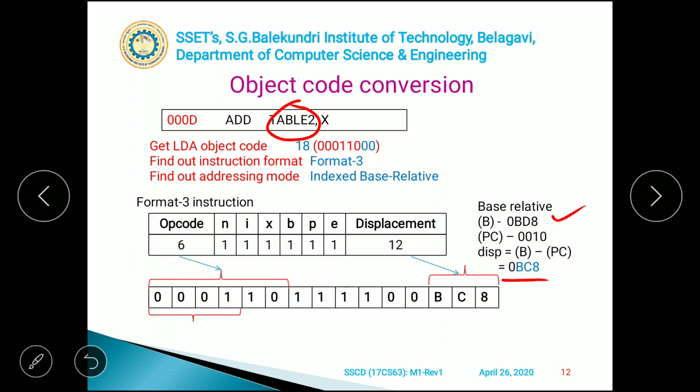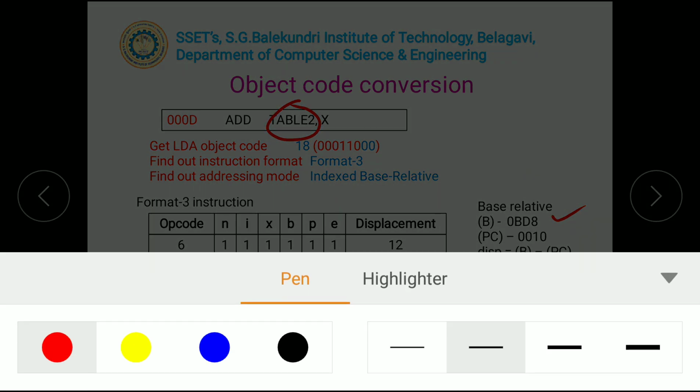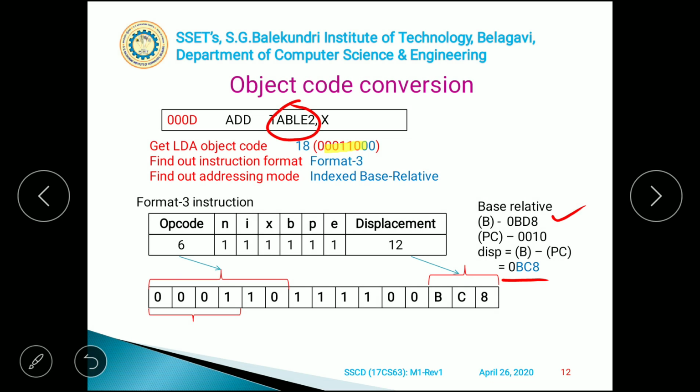Now the first 6 bits are here as usual. After that we set 1 for n and i, and it's an indexed base relative. See here, x is also set and b is also set.